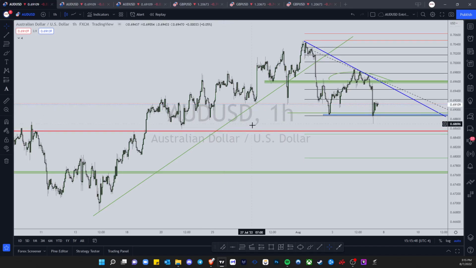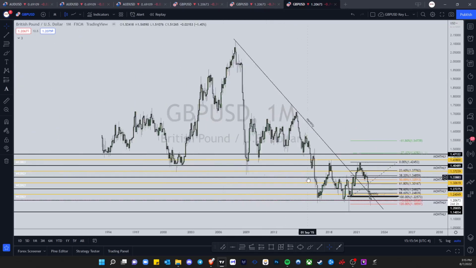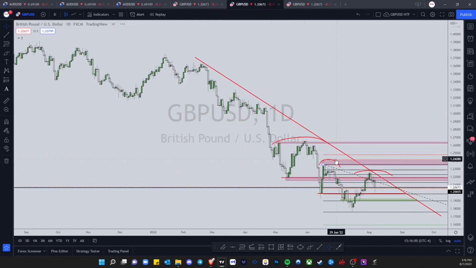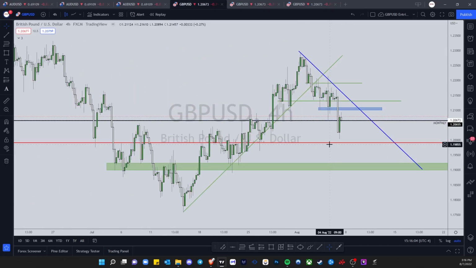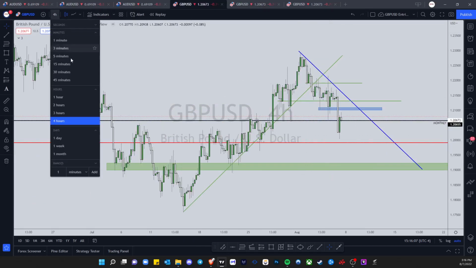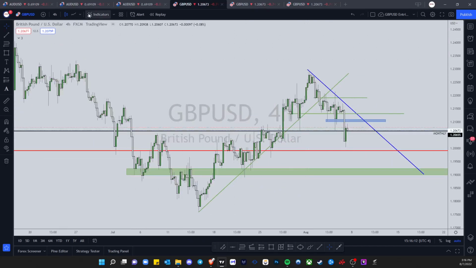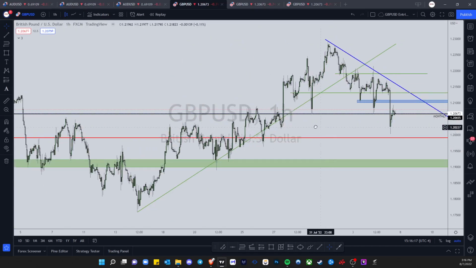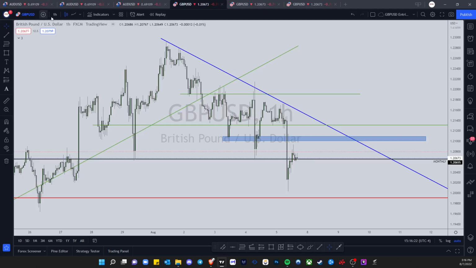Then you got GU, also the same thing: no indicator, just pure price action, daily chart also the same. For the entry time frame, I try to keep it on H1 and H4, but for GU, H4 is a little bit cleaner in a sense. That's why it's on H4. And the same with AU and GU, H1 is my main time frame.